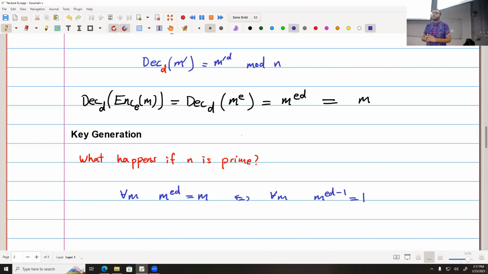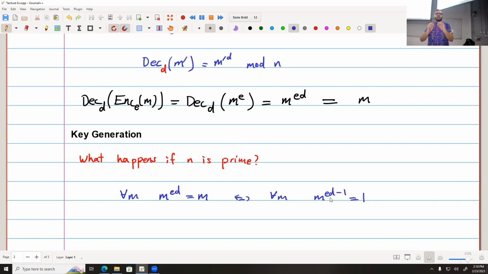But this goes back to Fermat's little theorem again. We've seen before that if I have any non-zero number modulo N, and I raise it to the power of N minus 1, I would get 1 if N is a prime, right? So in this case, the only thing that I need is for this power here, ED minus 1, to be a multiple of N minus 1.